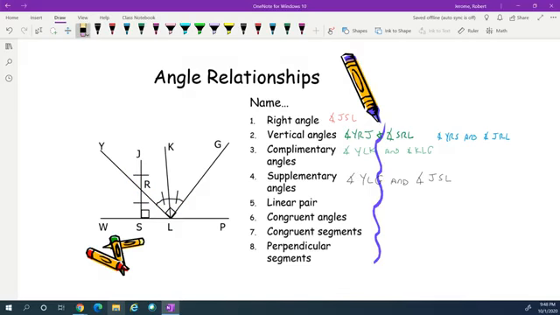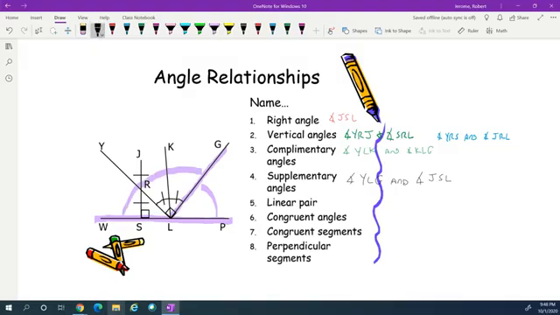A linear pair. Well, a linear pair also has to be supplementary. But now they have to be adjacent. The two that we just did were not adjacent. And if you remember our discussion, a linear pair is always going to look like a Y. So I'm going to find a big letter Y in the picture. So let's see. There we go. A big letter Y. So I'm going to use this angle and that angle. So a linear pair.